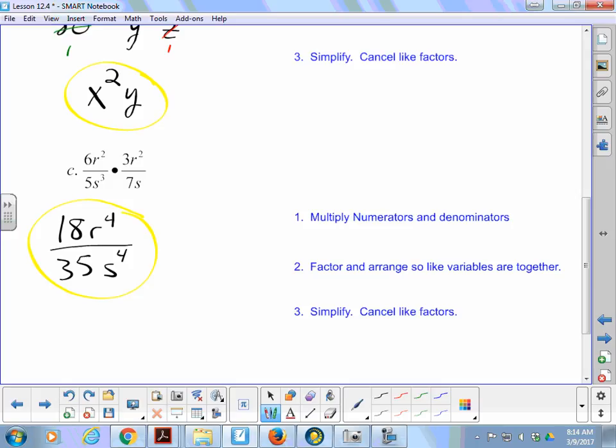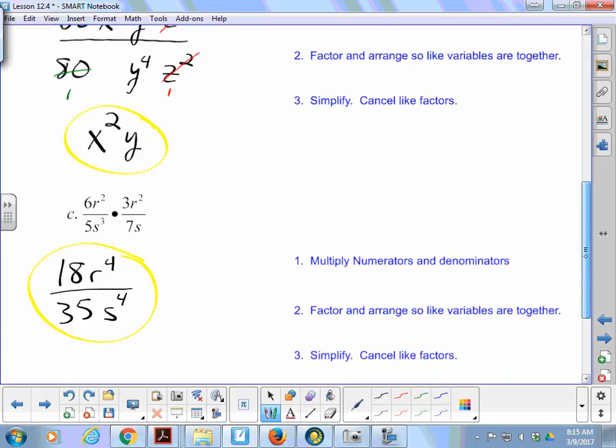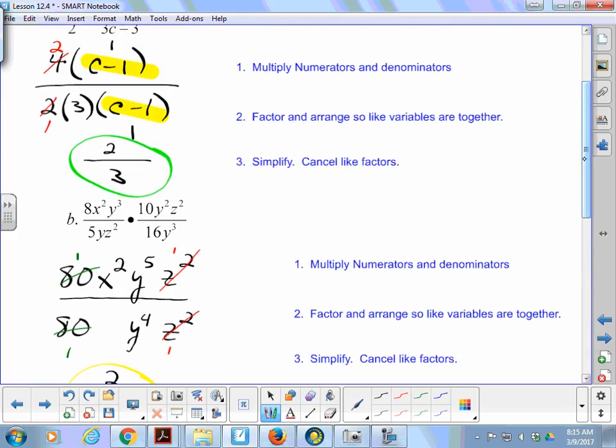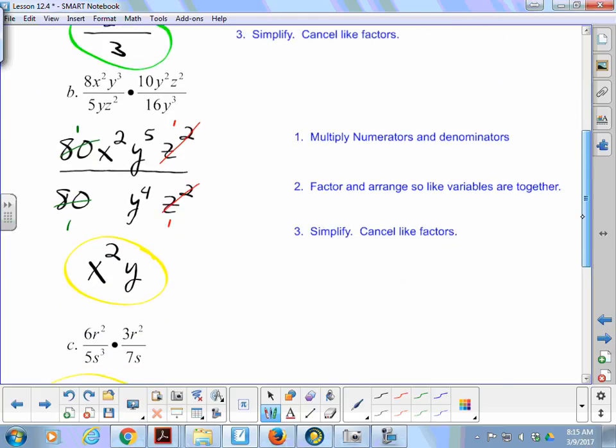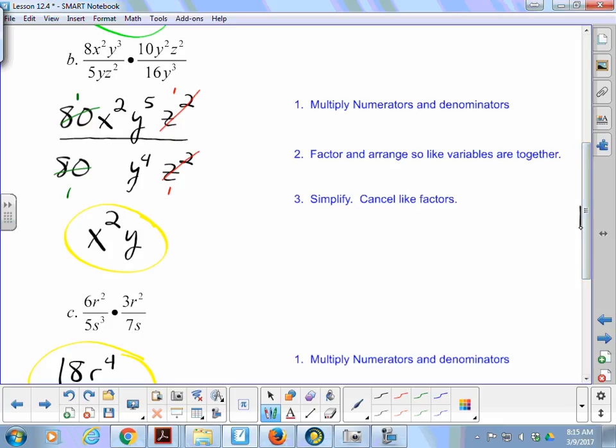Okay, so multiplying. We first look to see if they're binomials or trinomials. We look to see if we can factor them. If we can factor them, then it gives us opportunities for canceling like factors that are binomials. If they're just monomials, like in B and C, then I just multiply across, add the exponents for the like variables, and then simplify it.